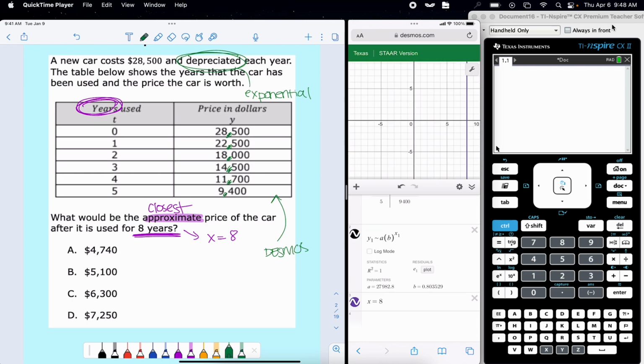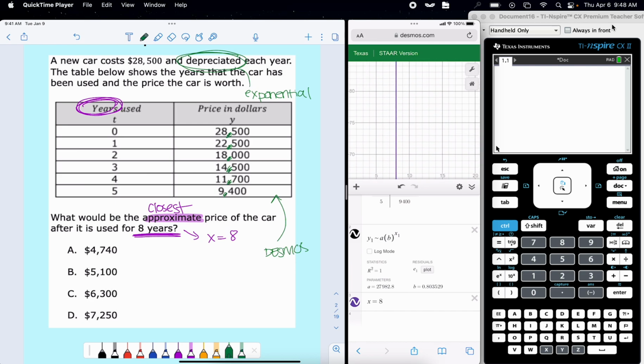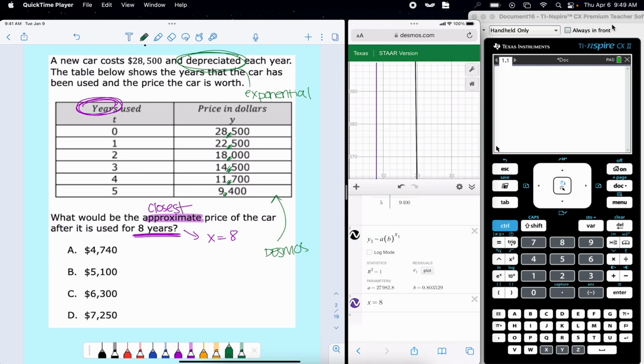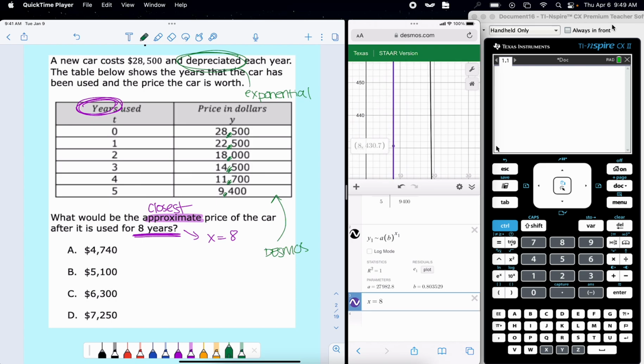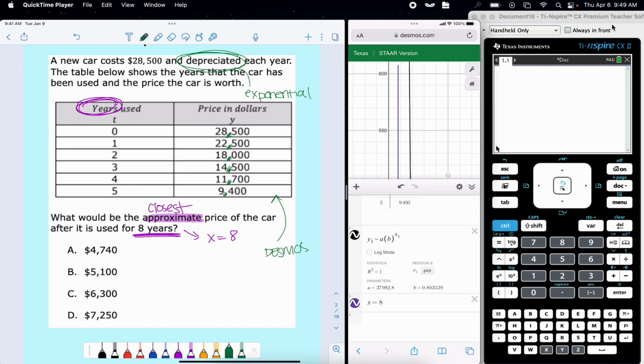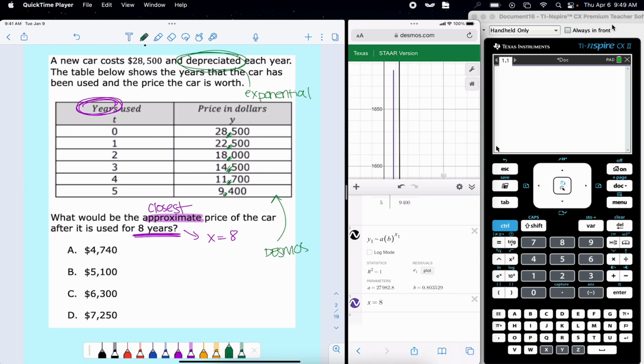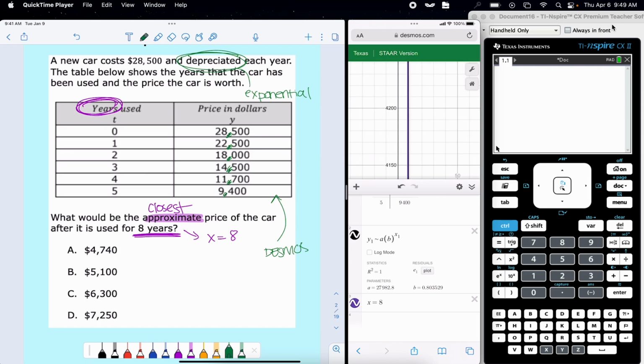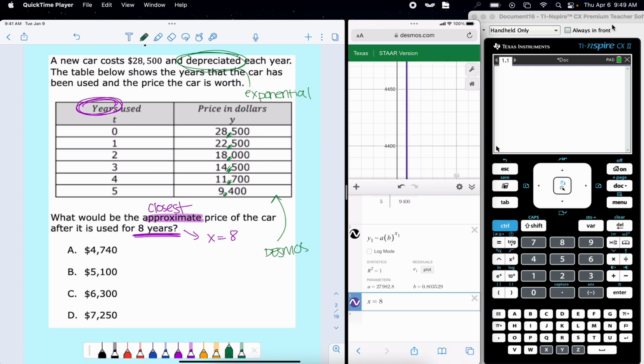I'm going to zoom in even more, and just follow the purple line up, because that's 8. And we want them to be touching. They're getting closer. Not yet.